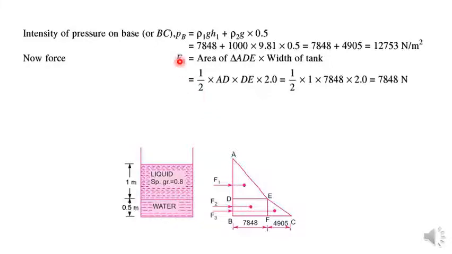First of all, we can calculate F1, which will be equal to the area of triangle ADE into the width of the tank. We are considering the third dimension, and the width has been given, that is 2 meter. So you can multiply it with the area of this diagram and calculate the forces. This force will be equal to half of AD into DE, multiplied by 2.